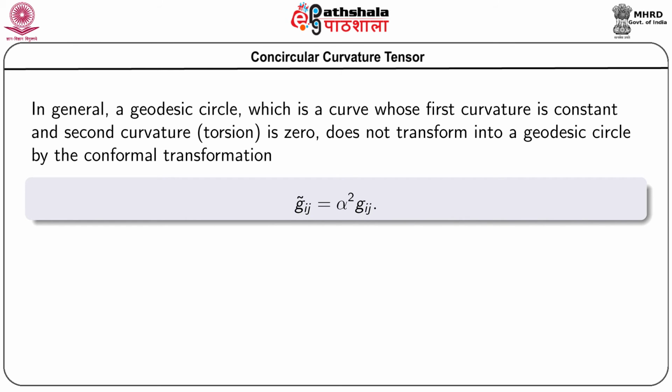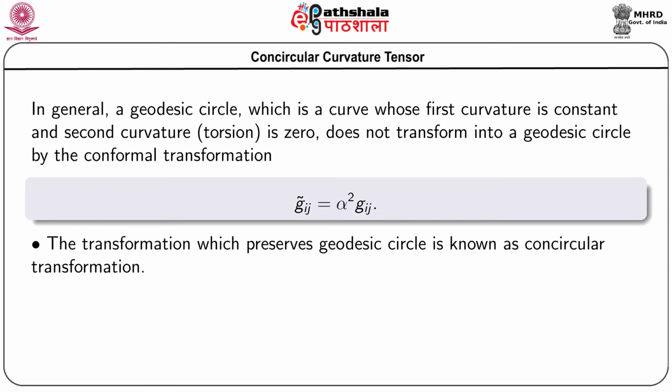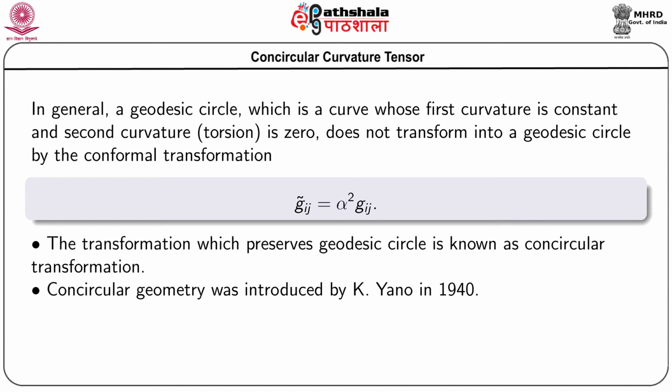So, geodesic circles are not preserved by the conformal transformation. The transformation which preserves the geodesic circle is known as concircular transformation. Concircular geometry was introduced by K. Yano in 1940.